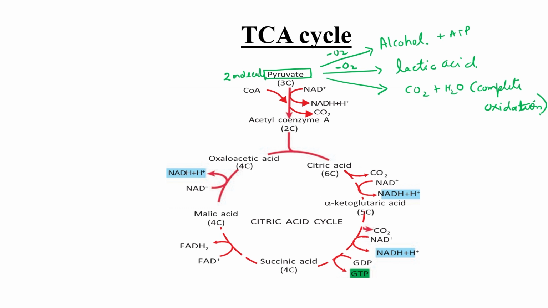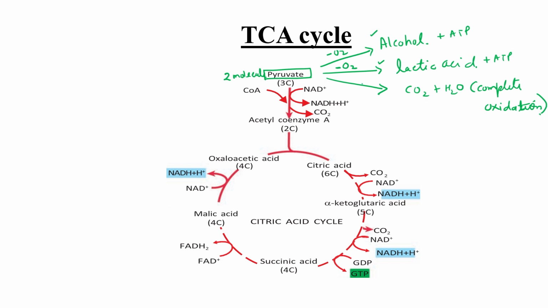Similarly, it may convert into lactic acid, and a small amount of ATP is generated, which is already generated in glycolysis, or in some kind of prokaryotic cell in which mitochondria is not present, right? So this pyruvate may be utilized in the alcohol fermentation pathway or the lactic acid fermentation pathway.